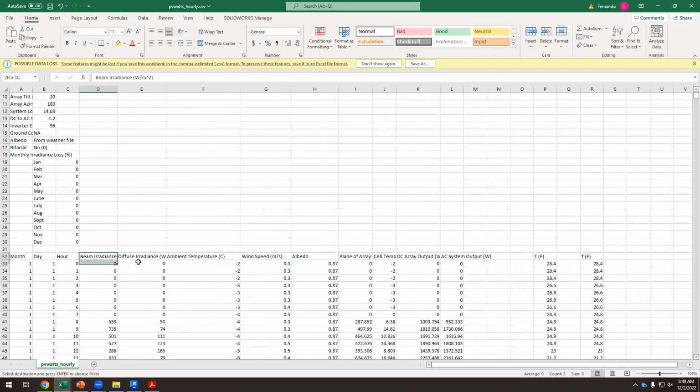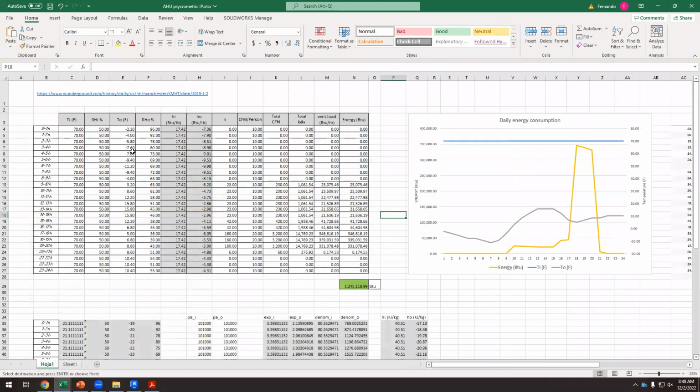We have things about the solar radiation, which is useful, but we don't have relative humidity. Anyway, relative humidity is not as important, so we can assume a value for it. But we do have the temperature. We do have the outdoor temperature, and it's quite cold.